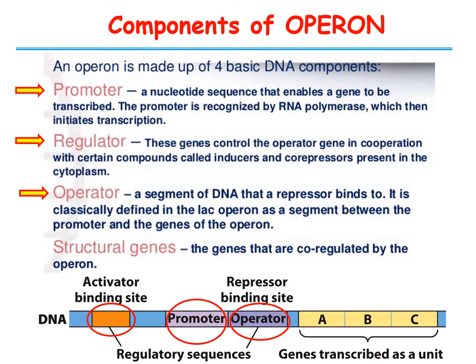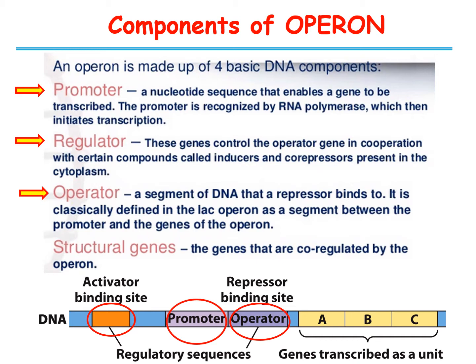And the next is the operator. The operator is the sequence, as you know from your previous lecture, to which the repressor binds. In the case of the lac operon, classically the operator is placed just next to the promoter, between the promoter and the structural genes.